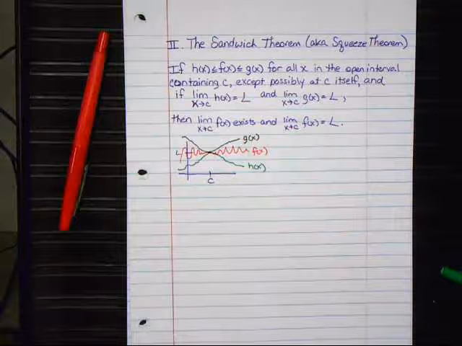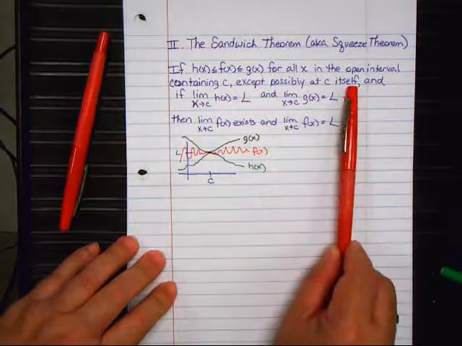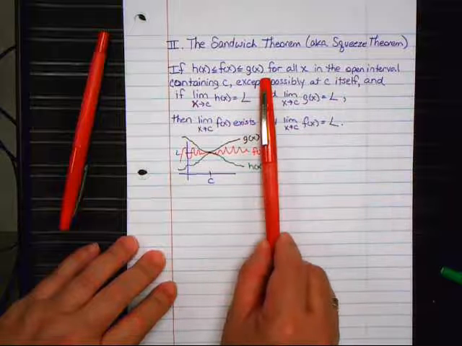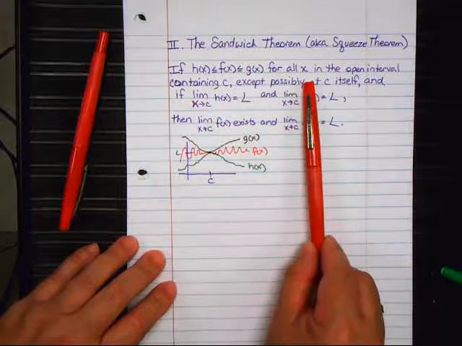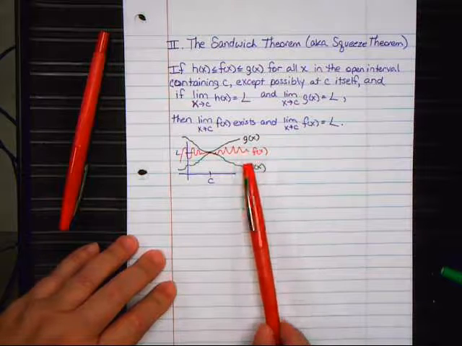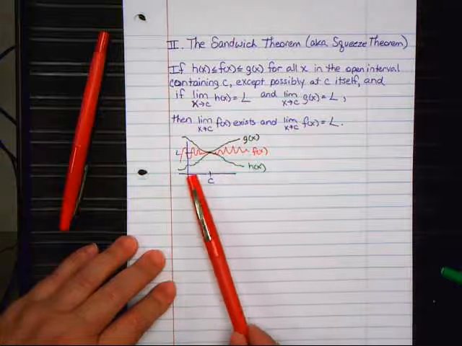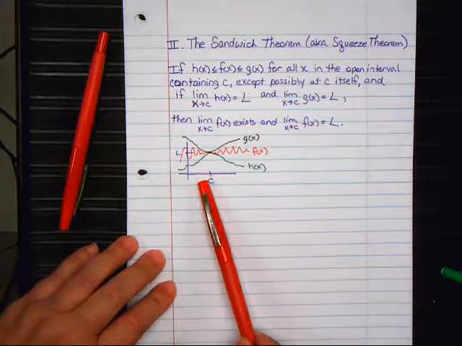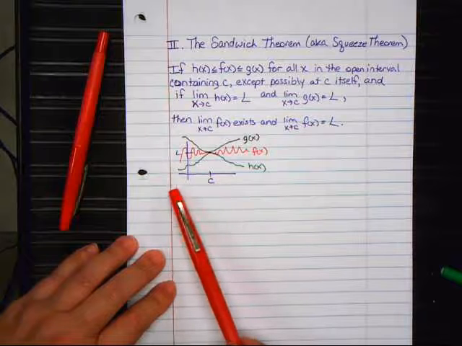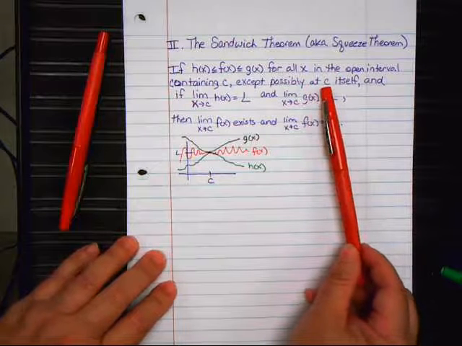Okay. Let me go back and talk about this phrase right here, except possibly at C itself. First of all, F is between G and H for all the x's. Does that picture show that? That f is between g and h for all the x's in the open interval containing c. In other words, as long as we're close to c, f is in the middle. Except possibly at c itself, and that means there might be a hole at c.